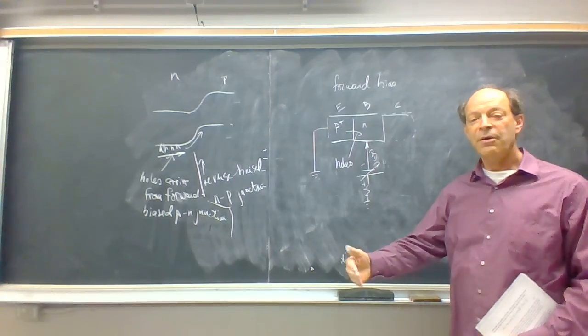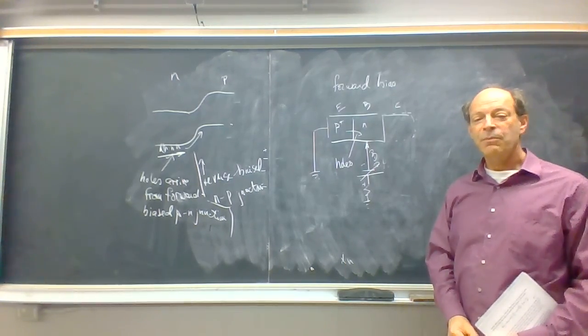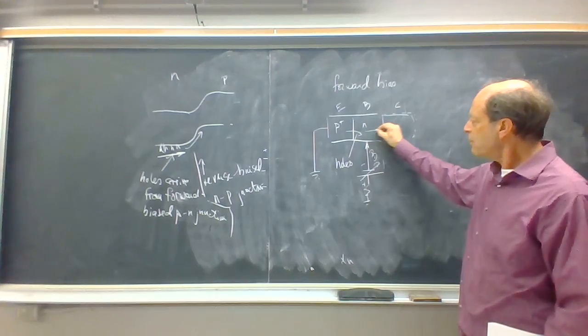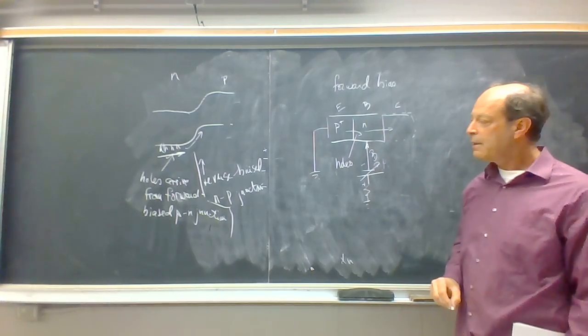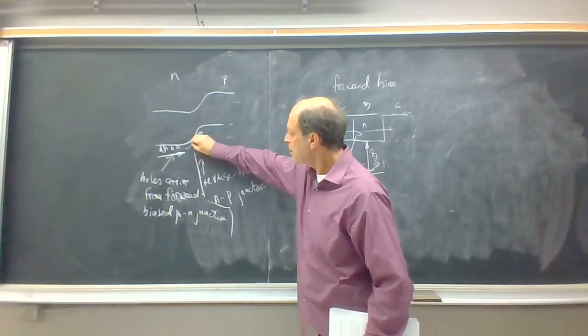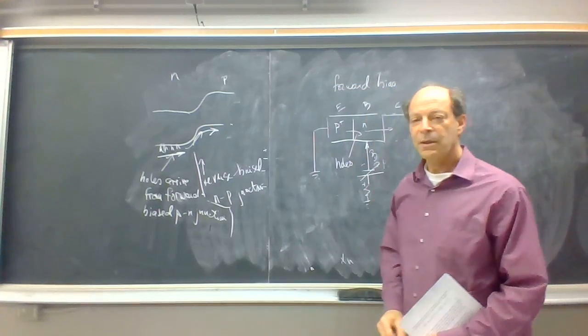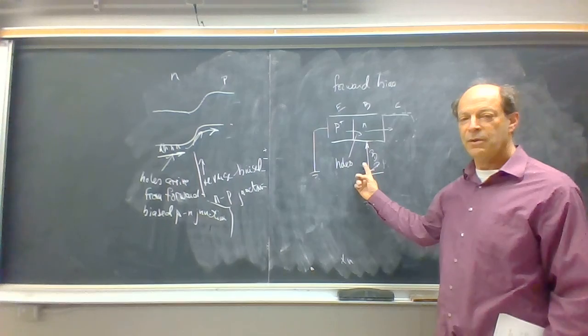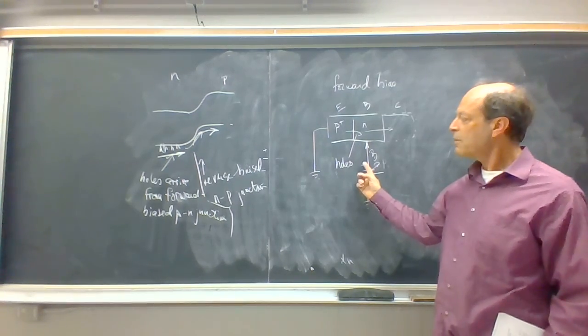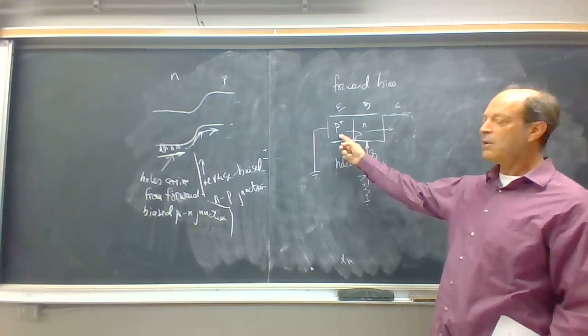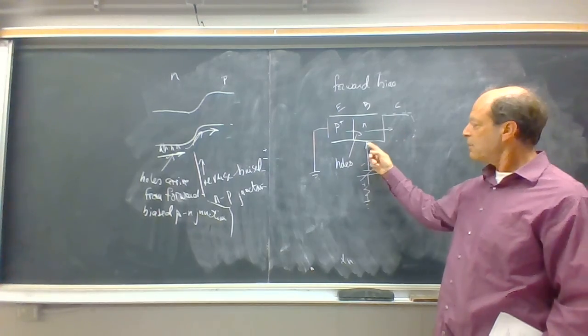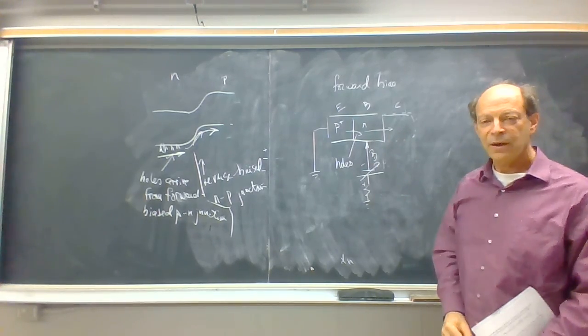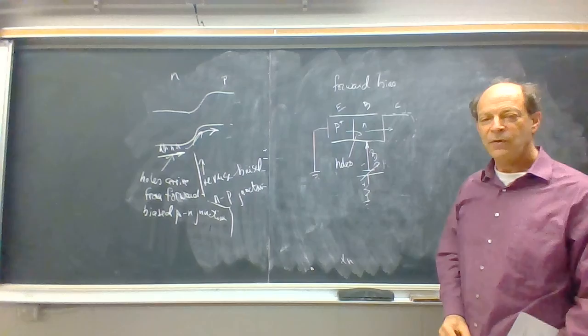Those minority carriers might then continue flowing through to the collector, because as holes they can continue into the collector, in which case they don't contribute to base current. There's no base current due to the carriers that flow through the base from the emitter to the collector. They don't flow in and out of the wire connecting to the base voltage.